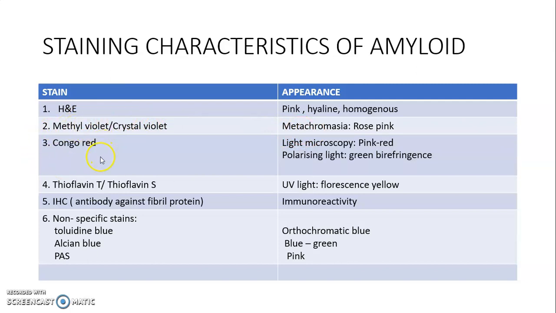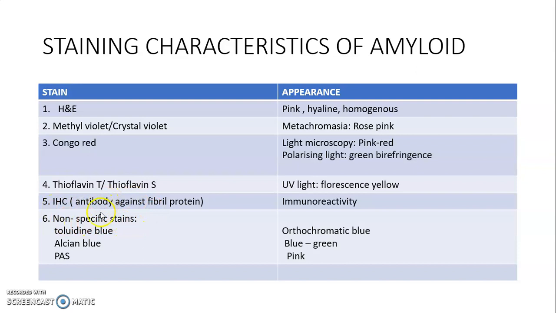On Congo red stain, on light microscopy we will see pink red color, and under the polarizing microscope there is green birefringence. Thioflavin T and thioflavin S can be used, and under UV light they will give yellow fluorescence. Immunohistochemistry can be used.